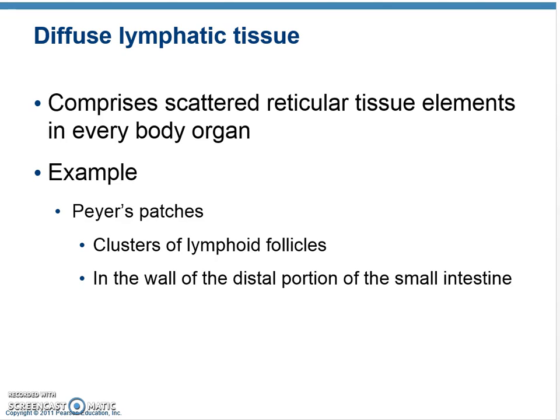Then you just need to know that you can find lymphatic tissue in lots of other organs. The only example of diffuse lymphatic tissue you need to know is the Peyer's patches, and you just need to know that they are, as this says here, clusters of lymphoid follicles that you find in the small intestine. And we are not going to give them a function because, as I understand it, that function is still up for debate.